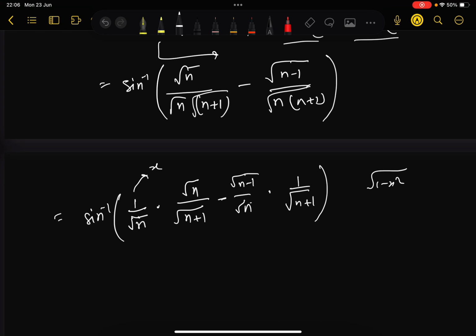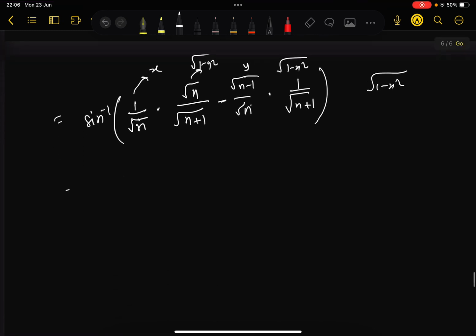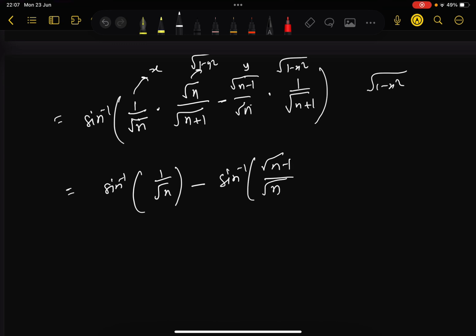So this term is x, this term is root of 1 minus y square, this term is y, and this is root of 1 minus x square, right? So directly we can write this as sine inverse x, that is 1 upon root n, minus sine inverse of y, where y is root n minus 1 divided by root n.